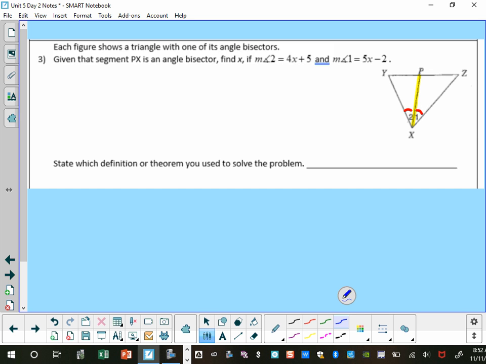It says, find X. That's my job here. Find X if the measure of angle 2 is 4X plus 5 and the measure of angle 1 is 5X minus 2.